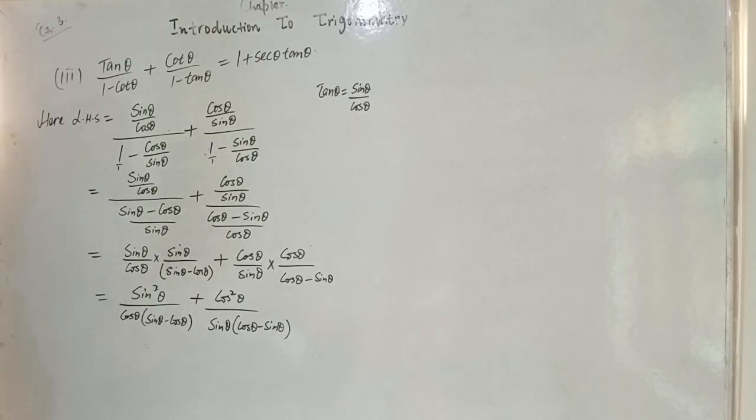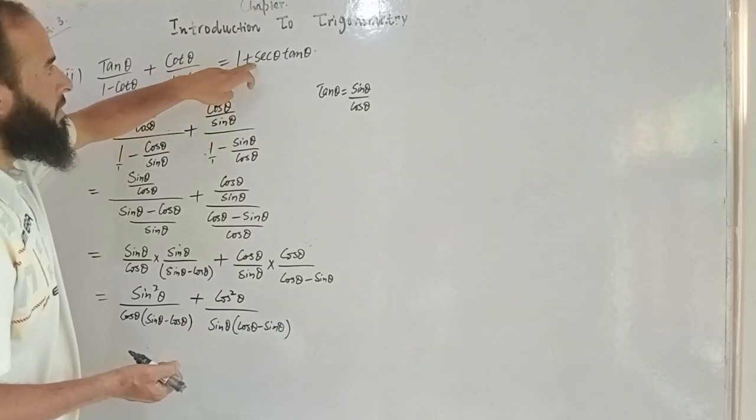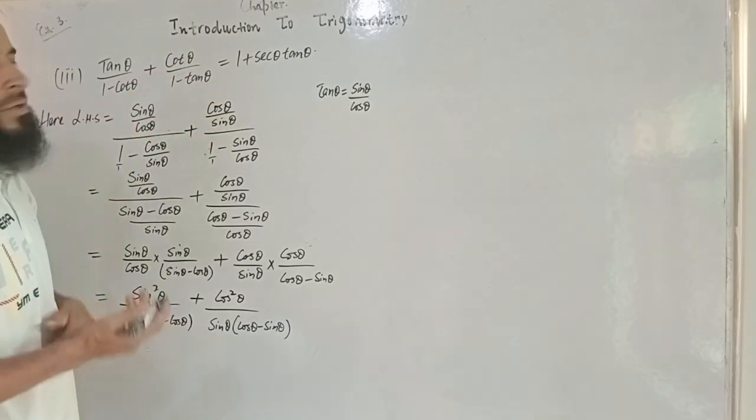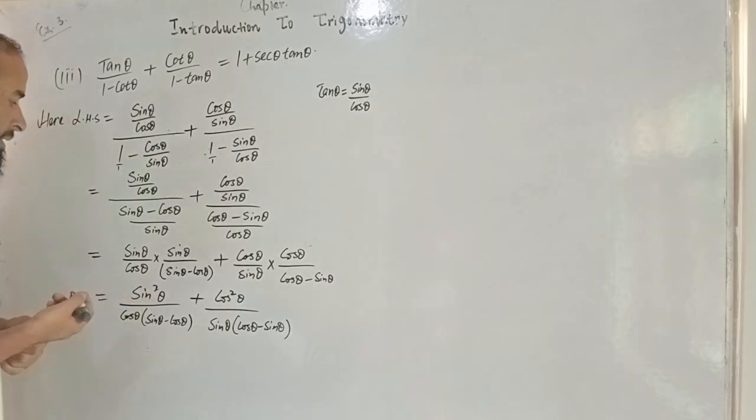Okay, what do we have in our RHS? It is 1 plus sec theta into tan theta. 1 plus sec theta into tan theta.